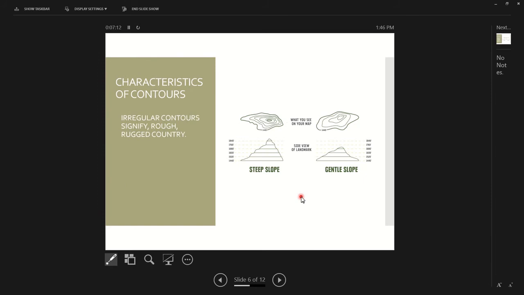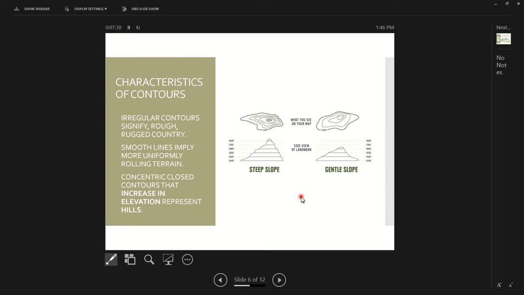So irregular contours normally suggest that it's pretty rugged terrain. Smooth would imply that it is a uniform rolling terrain. Concentric closed contours that increase in elevation represent hills.